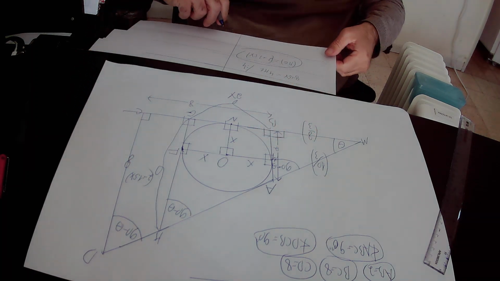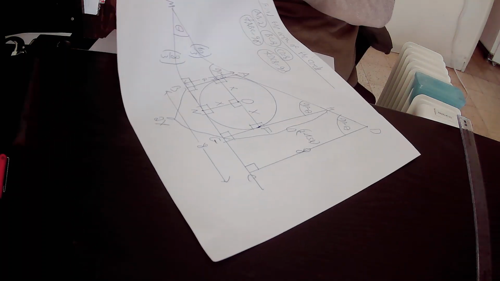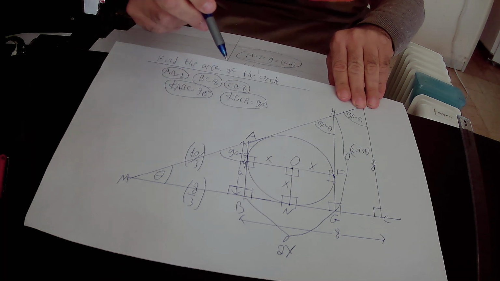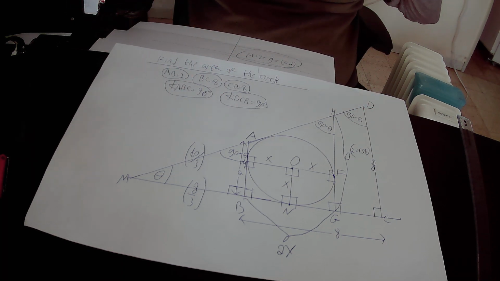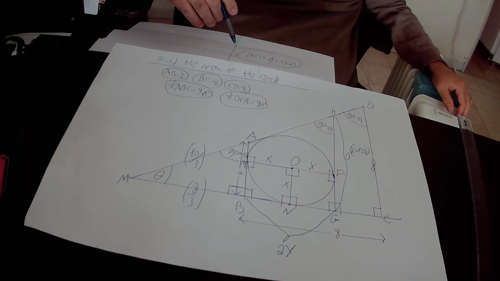Okay. So because of the fact that the big triangle KGM is similar to the small triangle ABM, the following relationship exists between their sides.